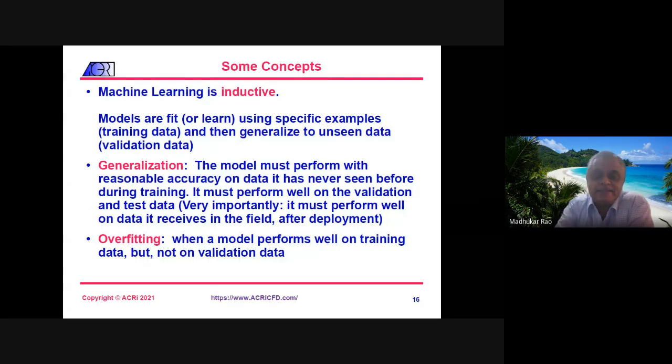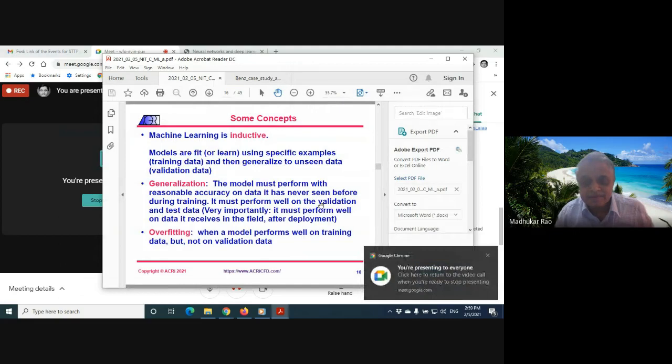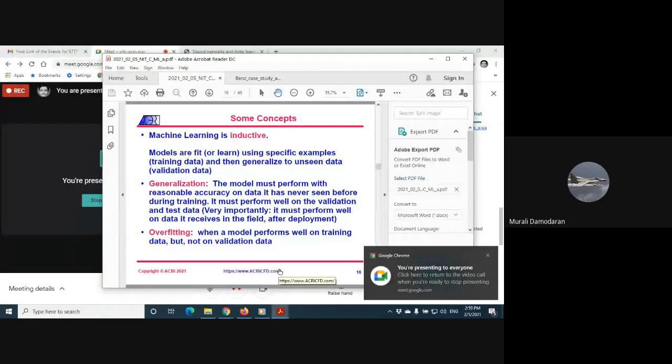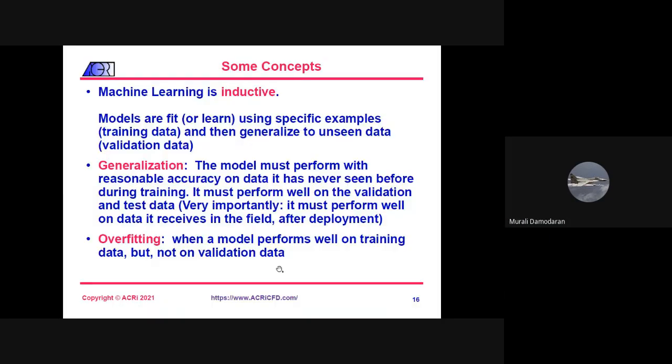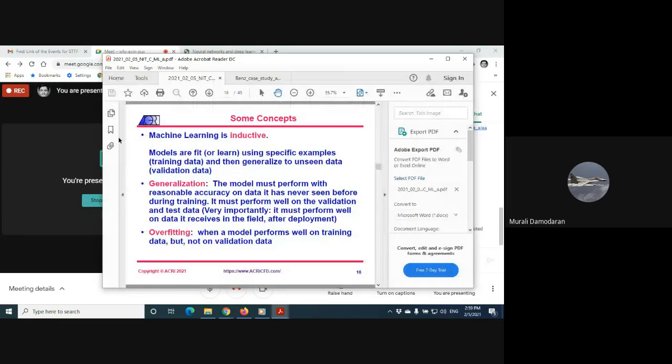So basically, some concepts. Oops. Some disturbance here. Murli sir is back, I think.